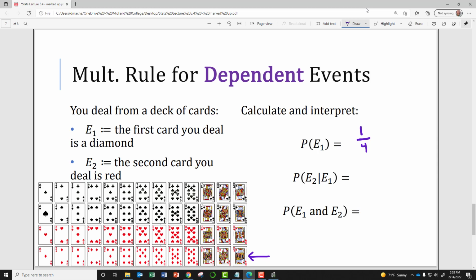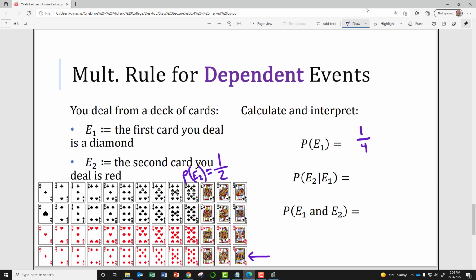Typically, the probability that the second card I deal is red would be 1/2 for the probability of E2 occurring, right? But these are not independent events, these are actually dependent events. And so what I'm concerned with is not just the probability that a card I draw out of a full deck is red, but the probability of drawing a red card given that I've already dealt a diamond.